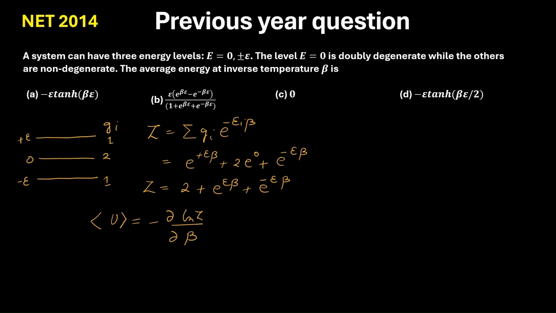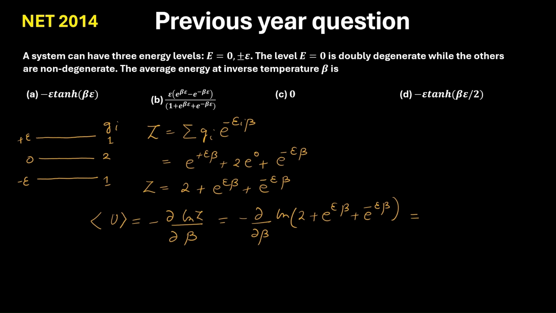So it will be the log of 2 plus e to the power epsilon beta plus e to the power minus epsilon beta. This differentiation you can do yourself, and when you differentiate you will get a term like this. You can pause the video and do the differentiation.